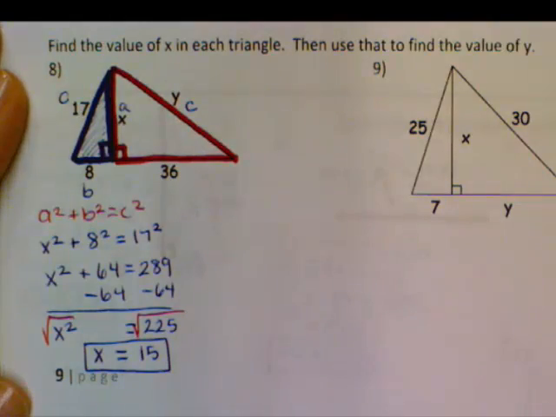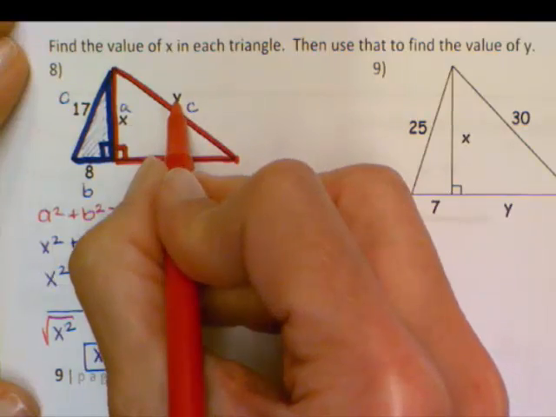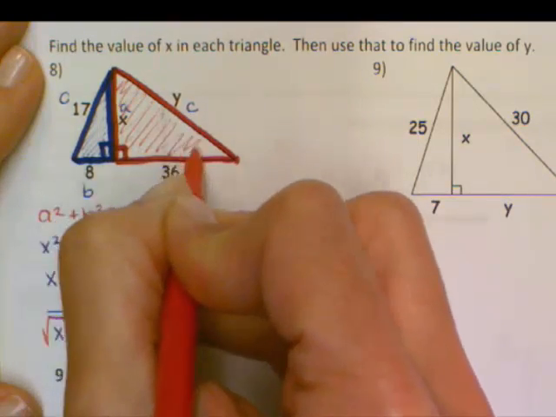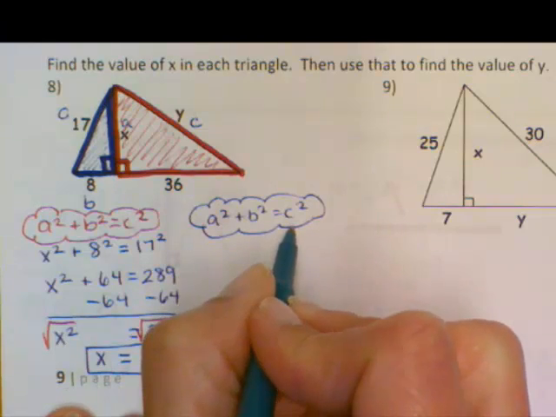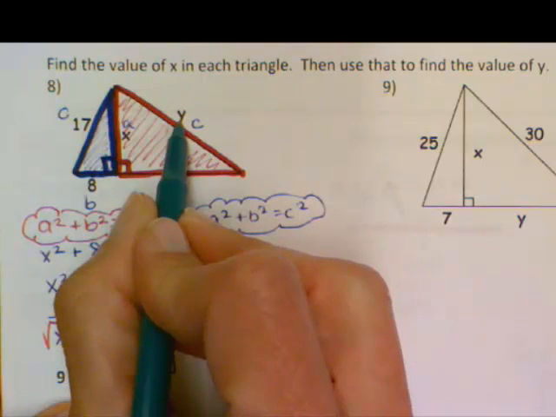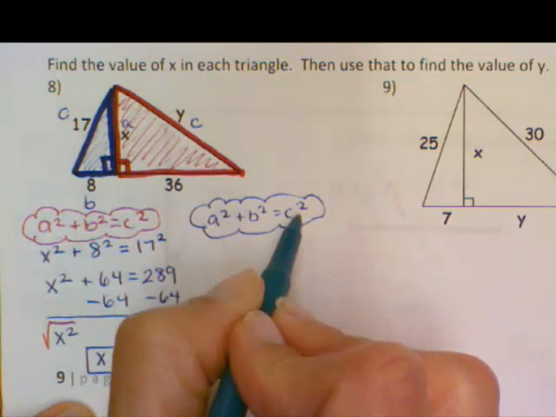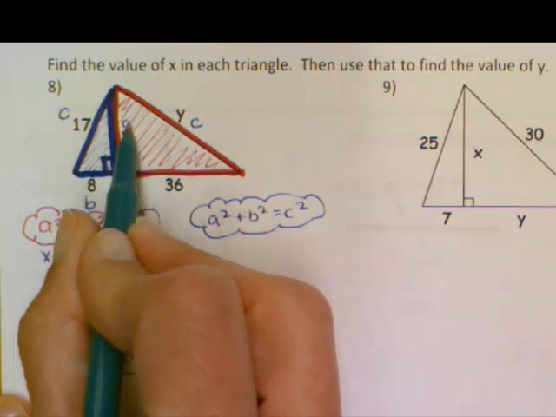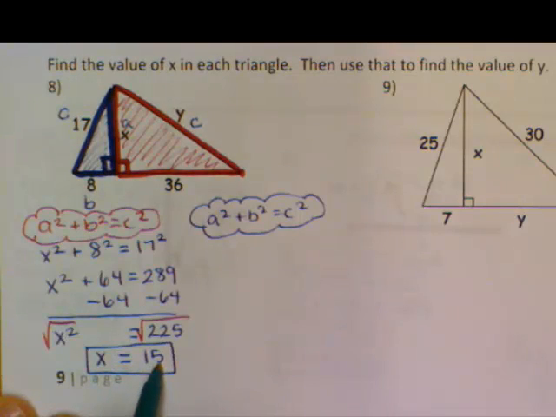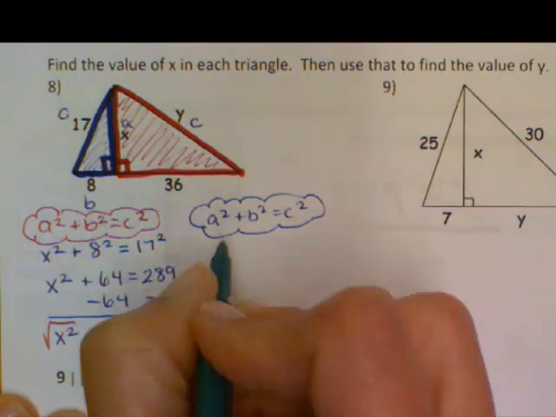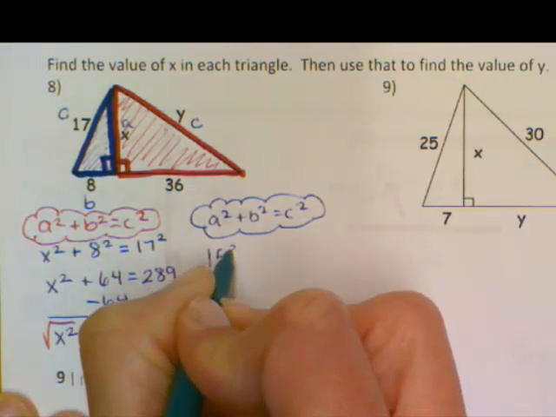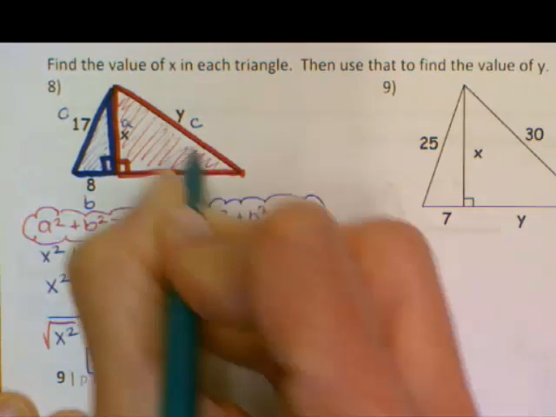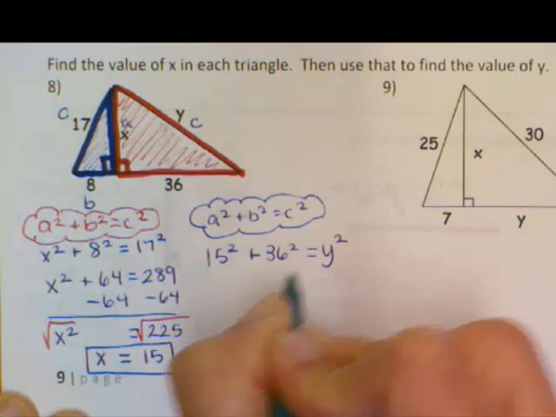But we also need to find y. So now I'm going to focus just on this triangle. All right, so I've written the Pythagorean theorem, and this time y, the unknown that we're looking for, is our hypotenuse C. Also, even though it says on here x is A, x is really 15, or A is 15. So we can replace and say 15 squared plus 36 squared equals our unknown y squared.